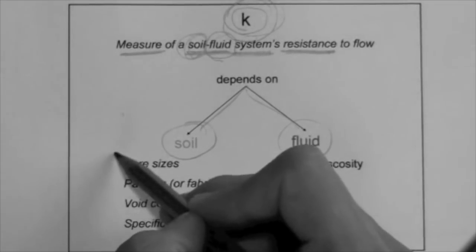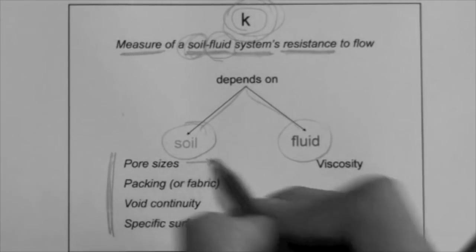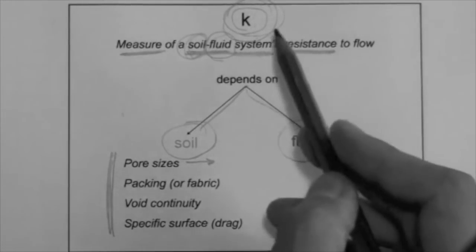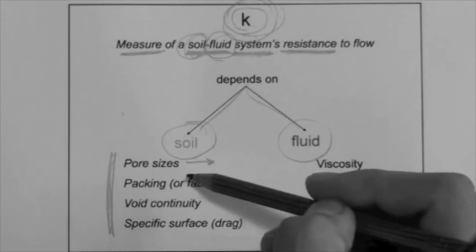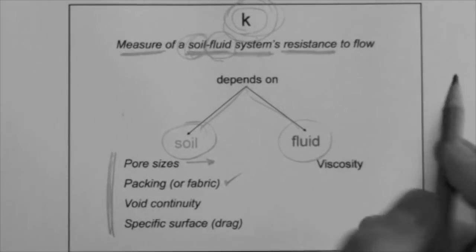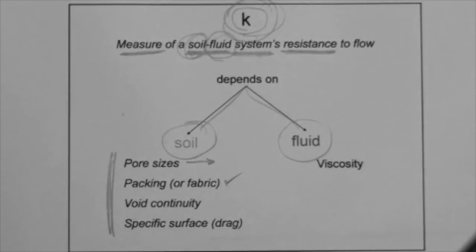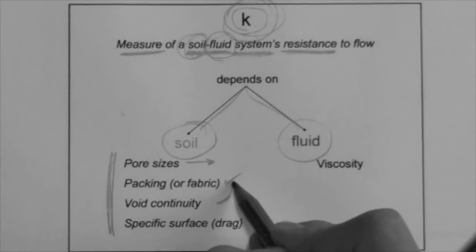What are the soil properties that affect K? The sizes of the pores. Why? Because the fluid has to flow through the pores. It doesn't flow through the particles. It flows through the voids, through the pores. The fabric, how the particles are assembled, dictates how the voids are interconnected to each other. So these two are related.